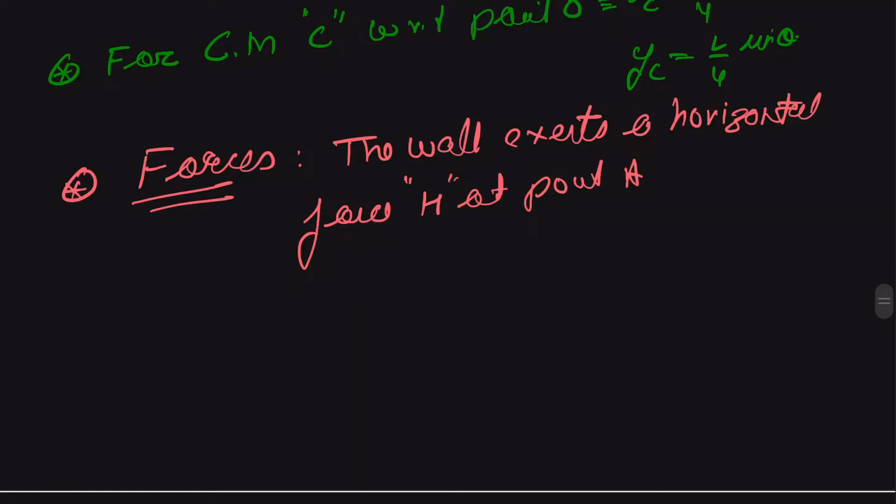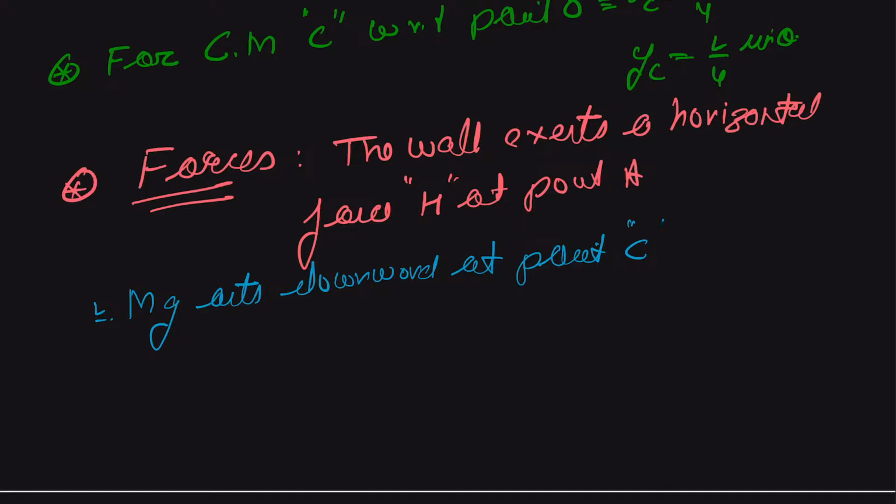The second one is mg, which acts downward at point C.